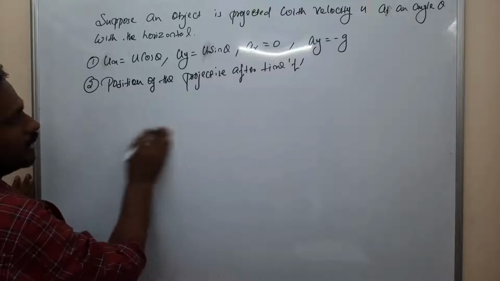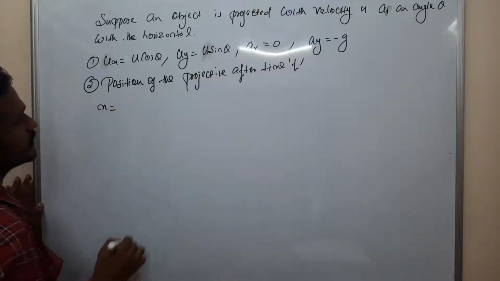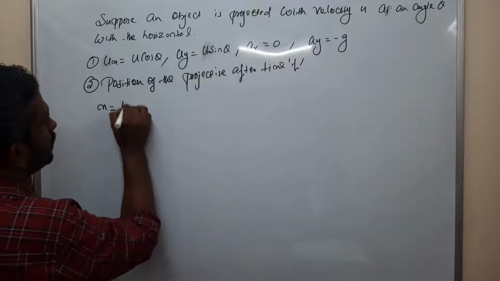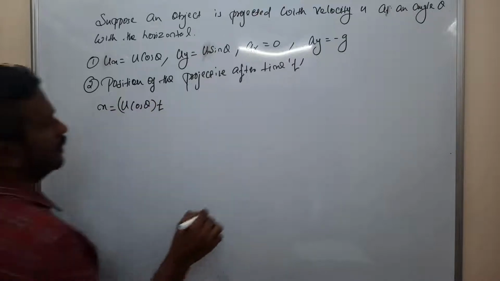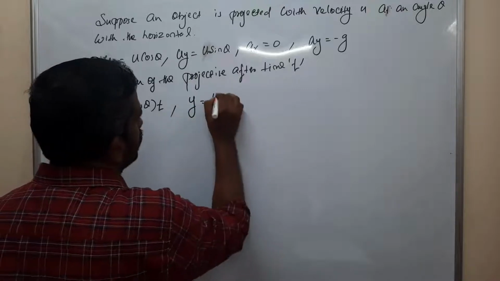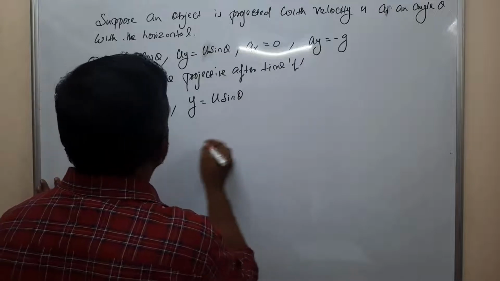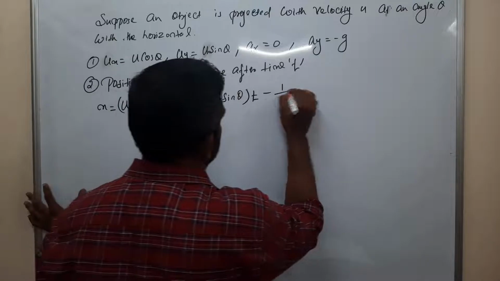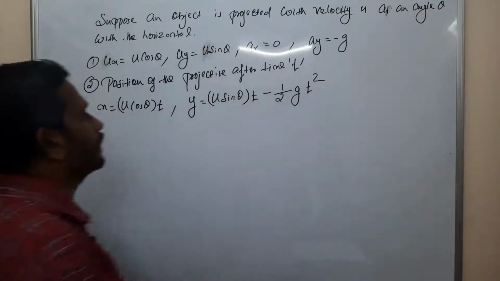In the x direction, the velocity is constant, so x equals u cos theta into t. Position of the object in the y direction, y is equal to u sin theta into t minus half g t square.